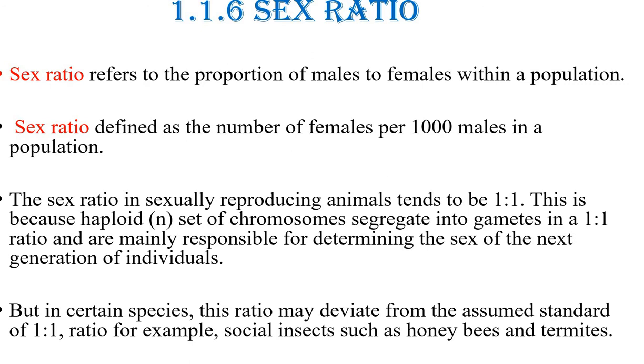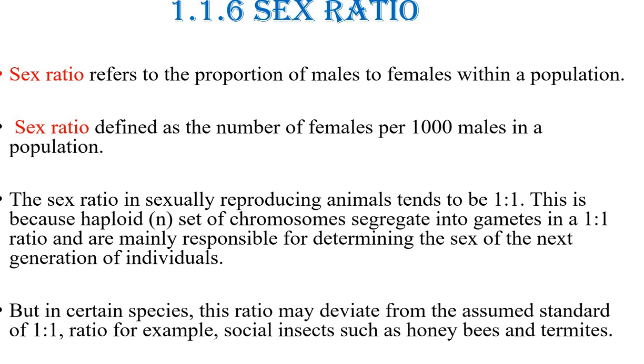That means at the time of gamete formation, the chromosomes segregate into gametes in a 1 is to 1 ratio. Therefore, there are equal chances for the determination of both sexes, male as well as female.